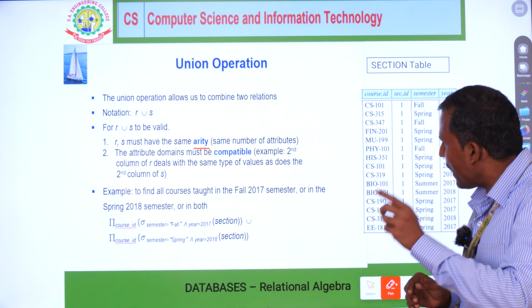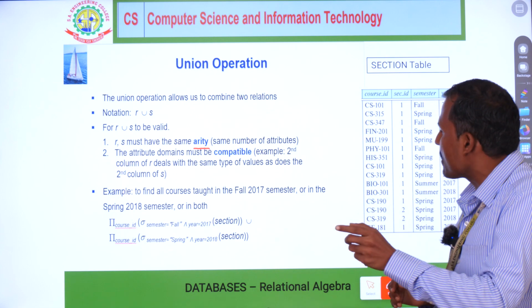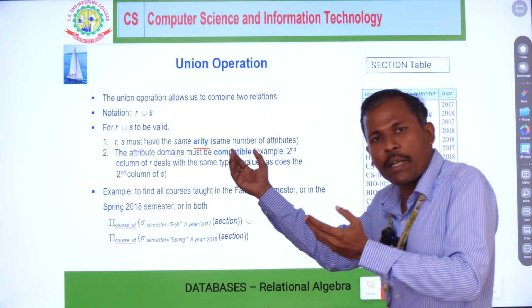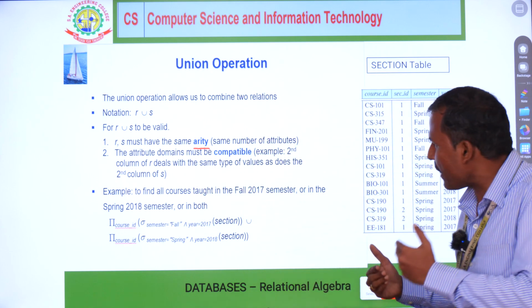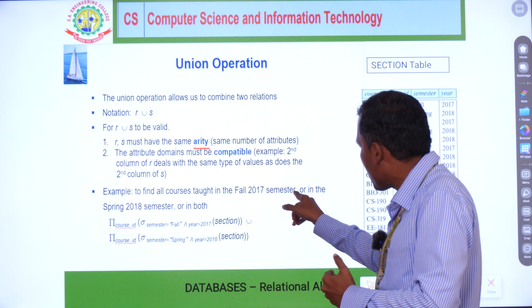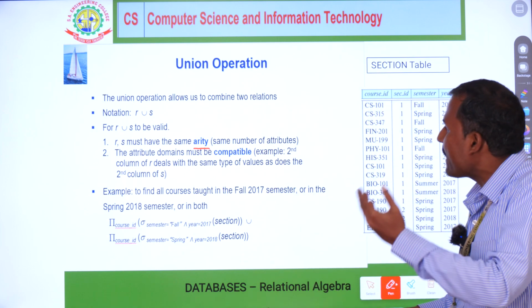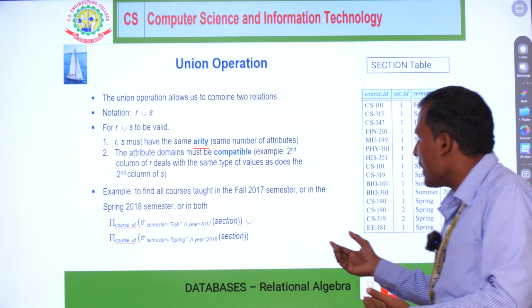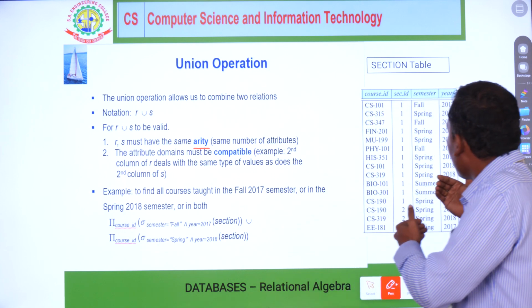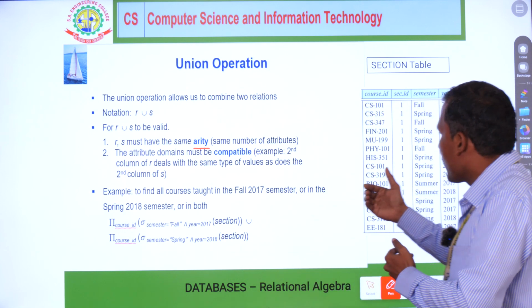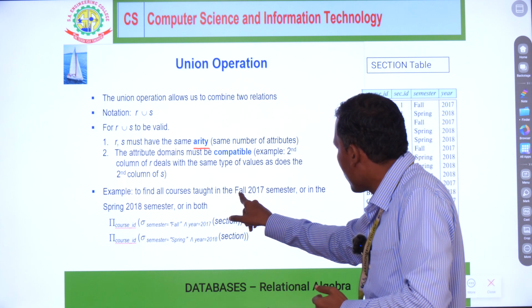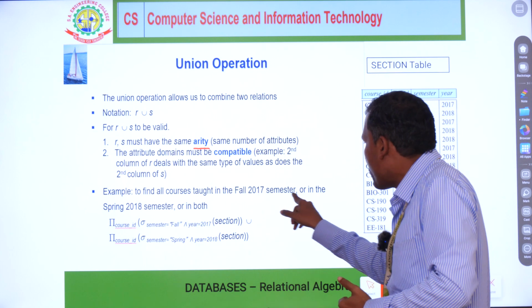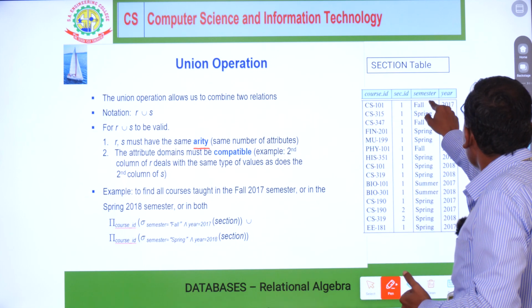This question involves two relations. My first task is to retrieve all courses that were taught in the fall 2017 semester, and then those in the spring 2018 semester. So I have to retrieve data first. The first condition is to list out all the courses that were taught in the fall 2017 semester.